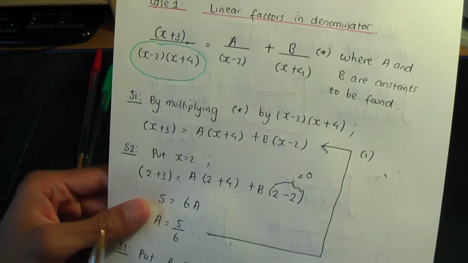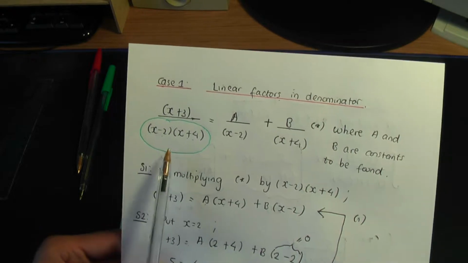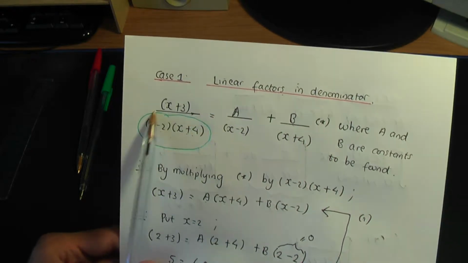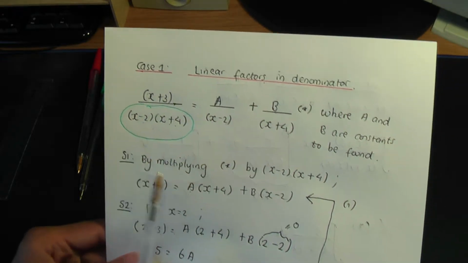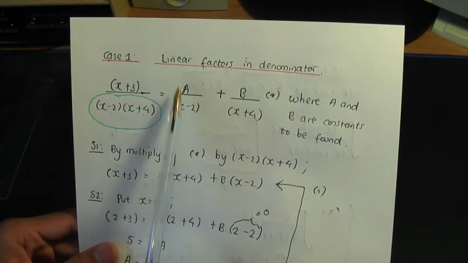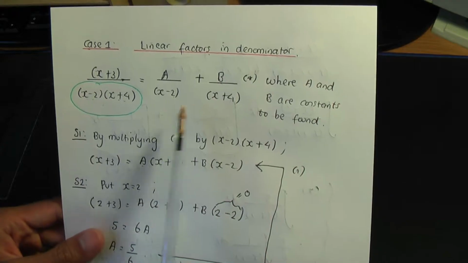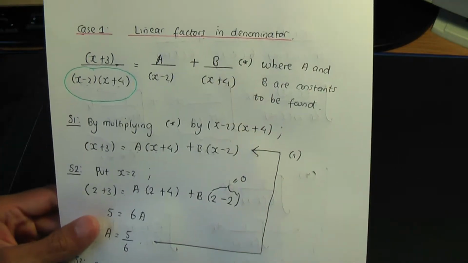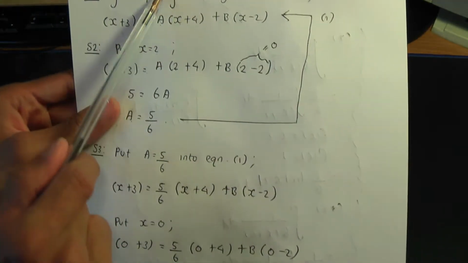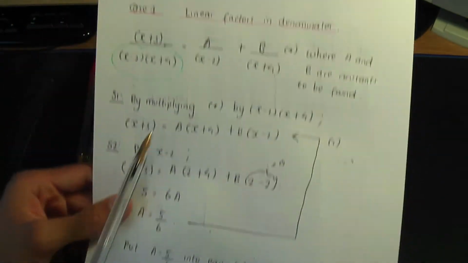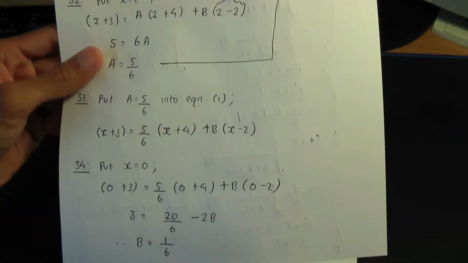So if I quickly take that example, here we had two linear factors in our denominator, so we write this as a divided by one of the linear factors plus b divided by the remaining linear factor, and I explained the method to working out a and b, the constants.